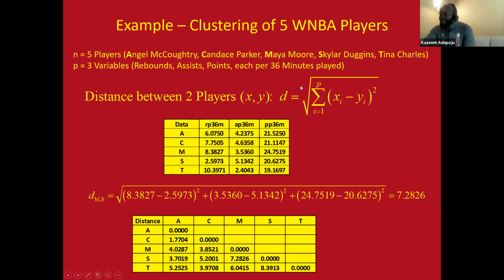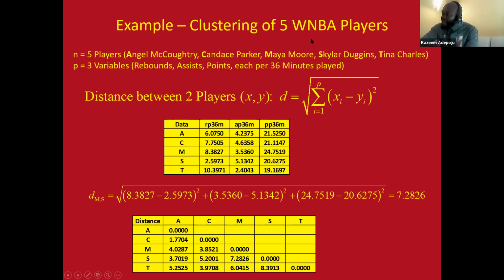We want to do that by considering 3 variables. If anybody wants to assess you, they are going to assess you based on certain variables. We want to group these 5 players based on 3 variables.